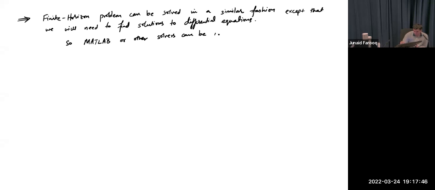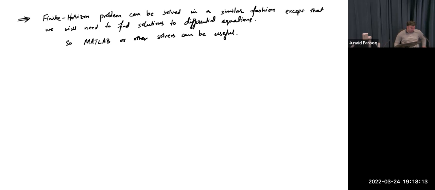Right, so when it comes to differential equations, solving them by hand is difficult, even in the most ordinary cases. So the best thing is you make use of some solvers and find the matrix M. Once the matrix M is there, then you can easily find the LQR controller.